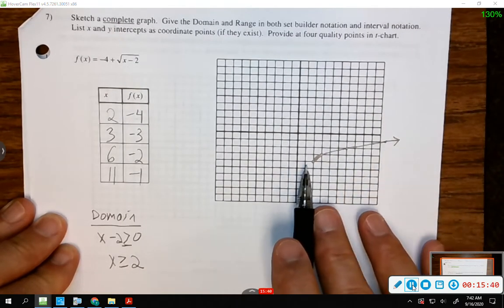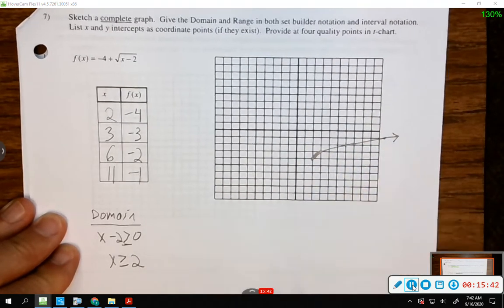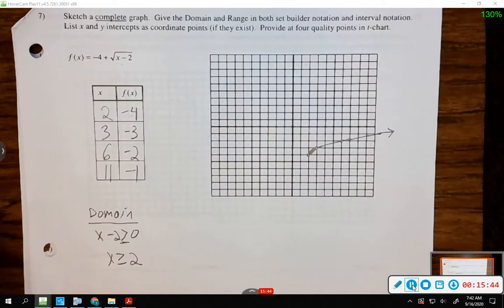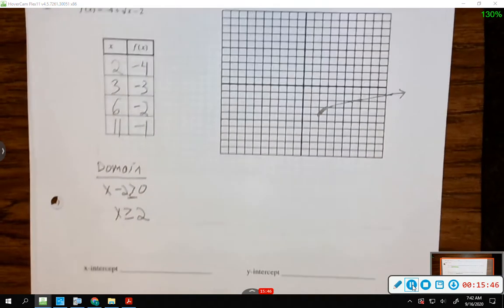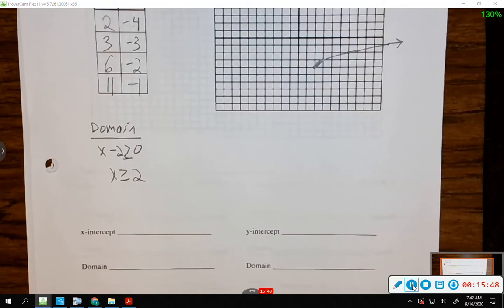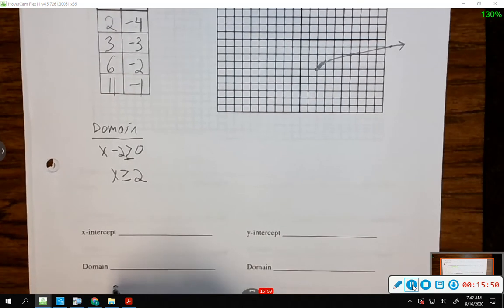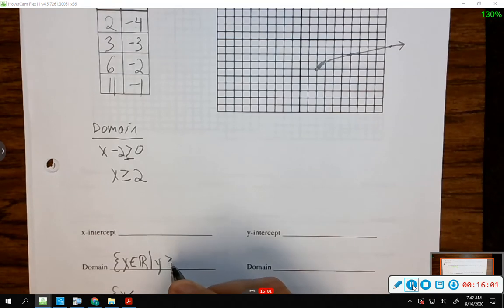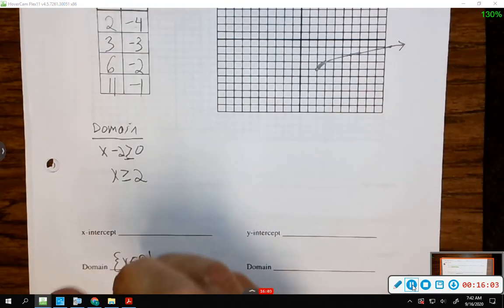That is the smallest y value, and then it grows from there. So let's start with the domain and range. Domain. X is the element of all real numbers such that x is greater than or equal to 2.